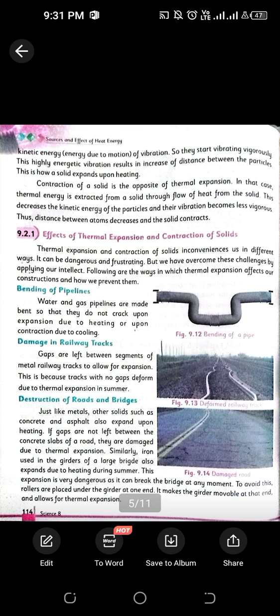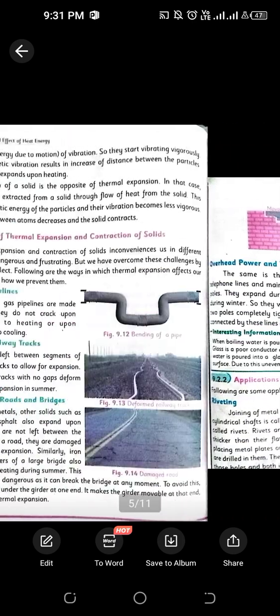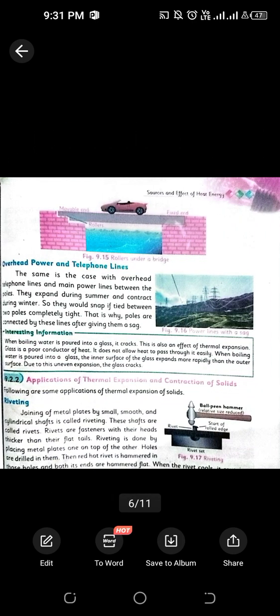So moving towards the next page, which is 115, overhead power and telephone lines. Okay, I want to make one thing very clear: whenever you boil water, it will always boil at 100 degrees Celsius and above, not below that.